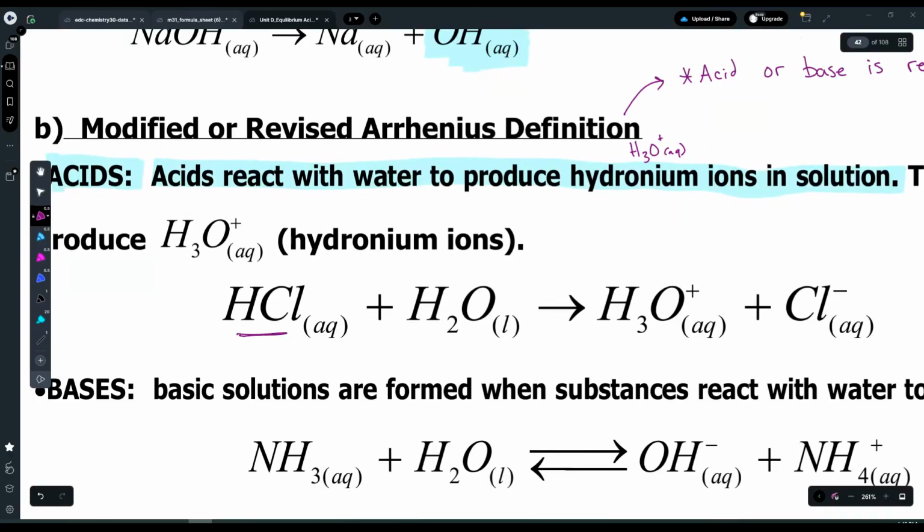Here we have our acid, hydrochloric acid, and it specifically is reacting with water to match up with the modified definition of an acid. You're always going to be producing hydronium for acids with the modified Arrhenius definition.